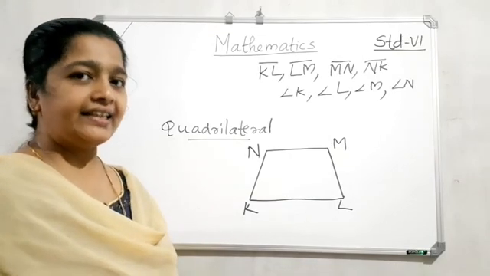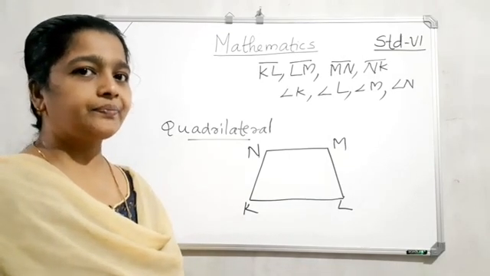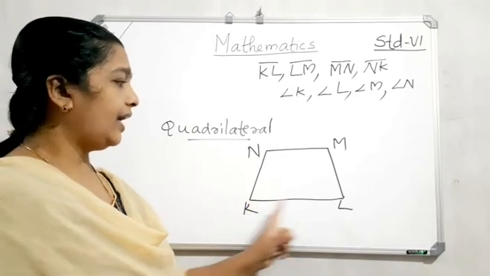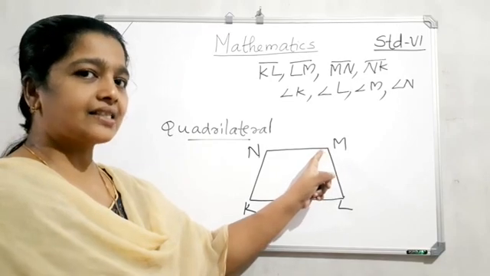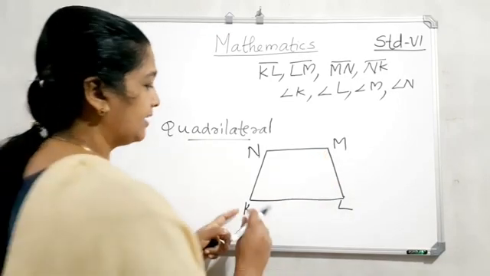Then what are adjacent sides? KL and LM are known as adjacent sides. Last day we studied about adjacent sides.